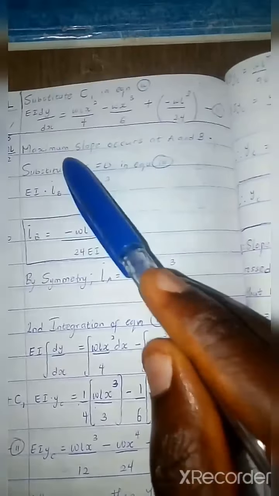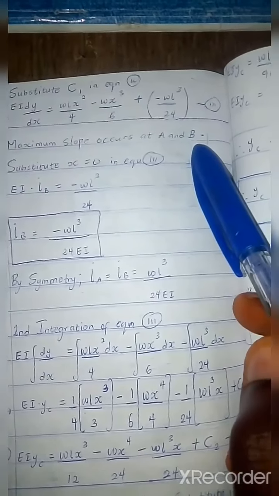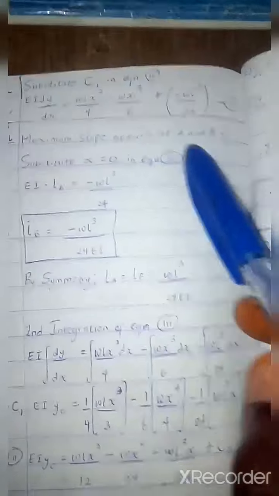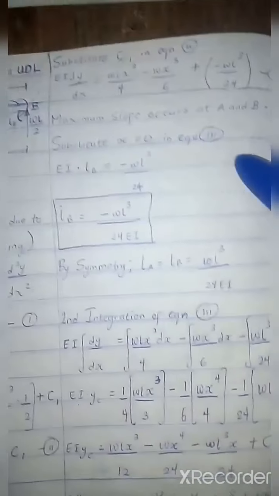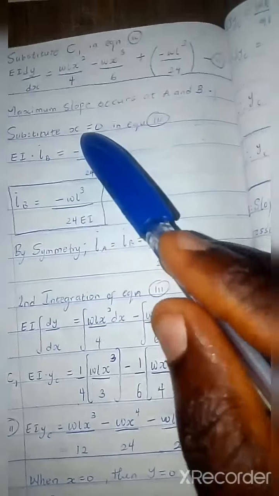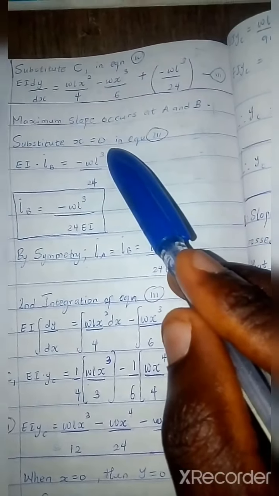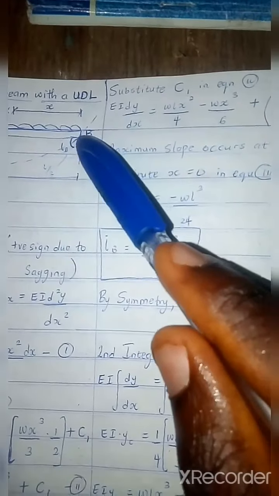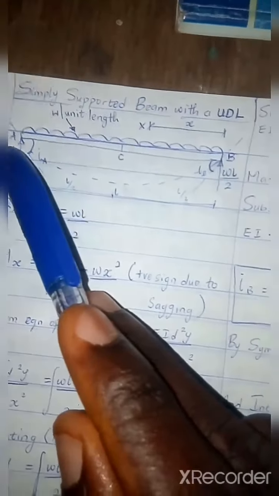So note, maximum slope occurs at A and B, both A and B. The slope at A is the same as the slope at B. So here we substitute x equals 0, that is, x at B is 0, and at A, x is 0.